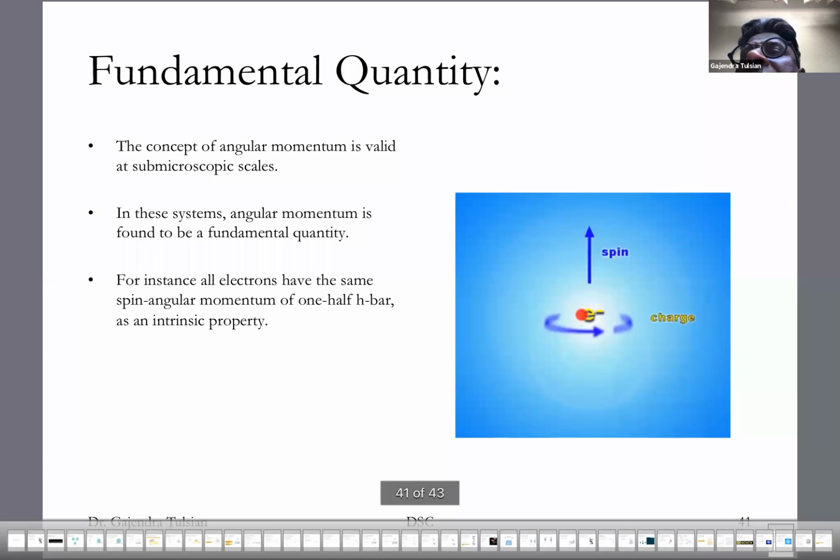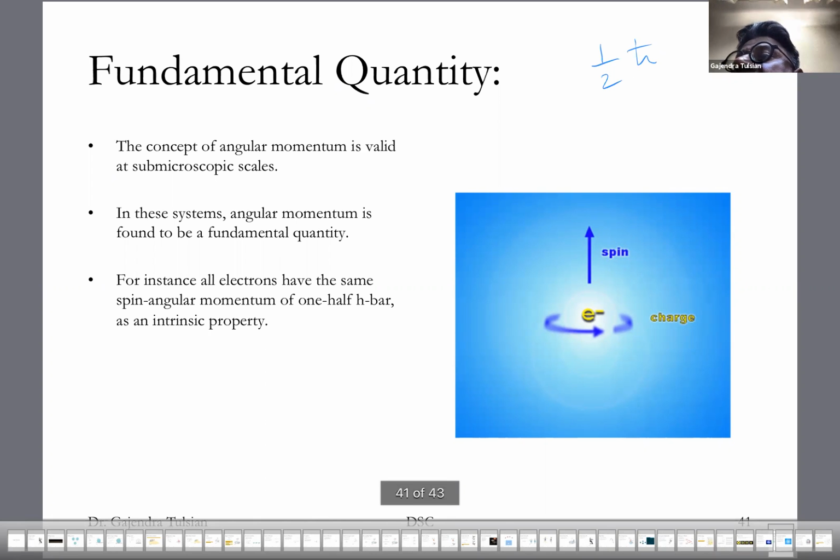So angular momentum is a fundamental quantity, and the spin quantum number of every electron is 1/2 h bar.